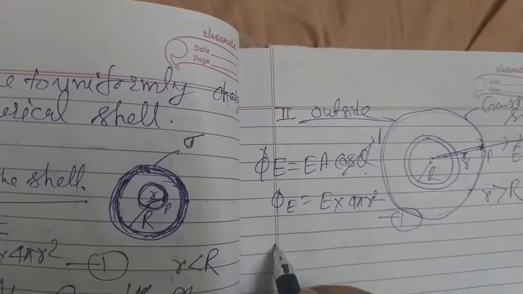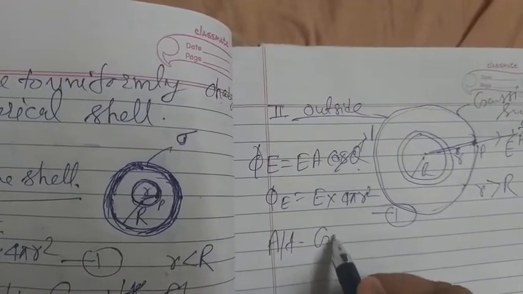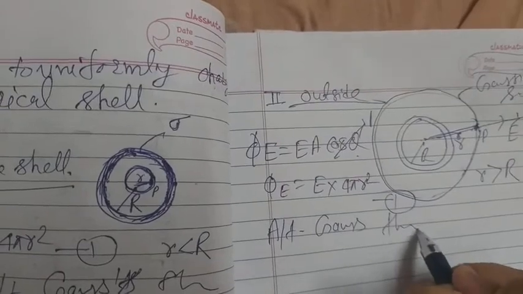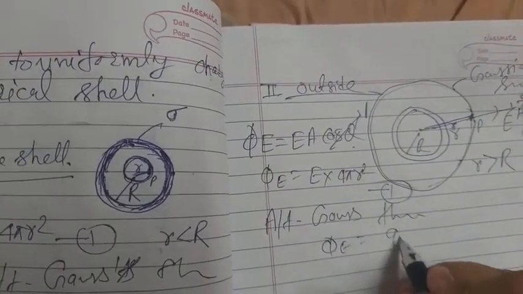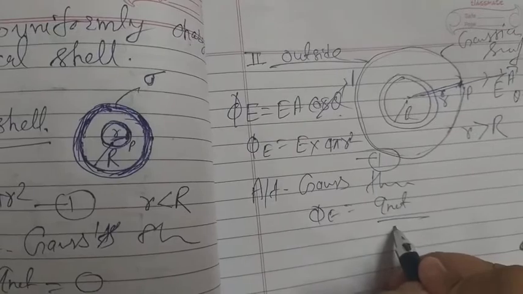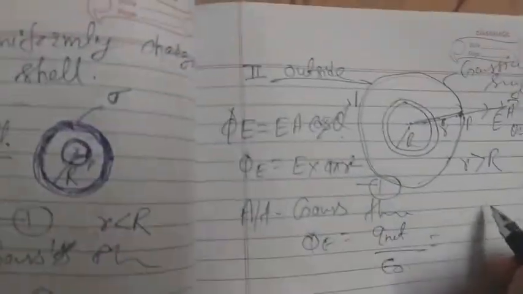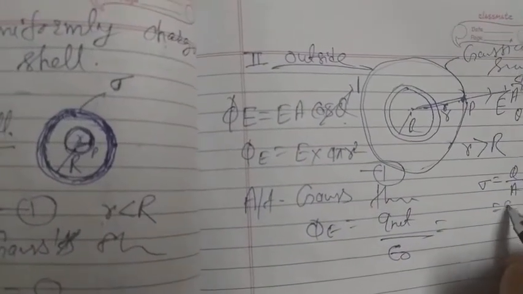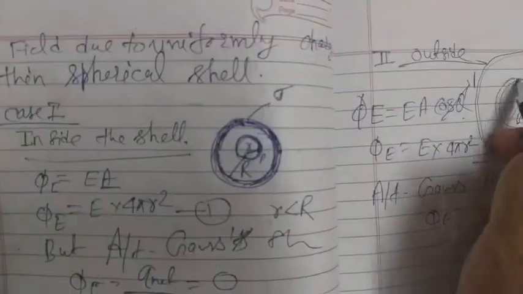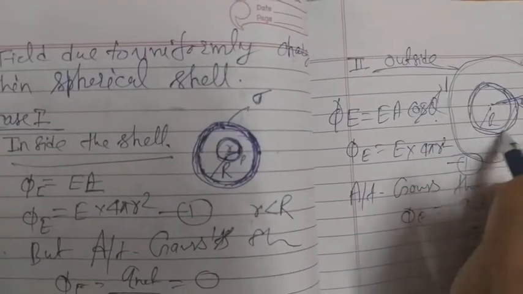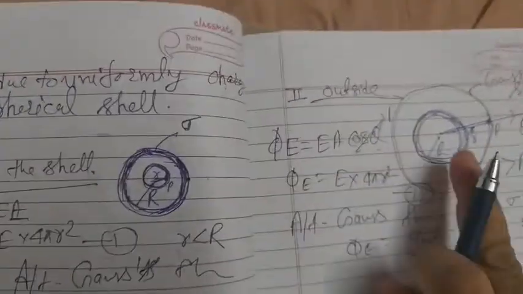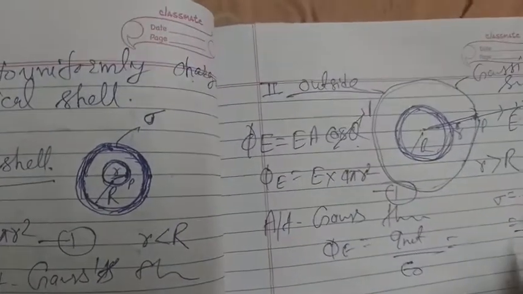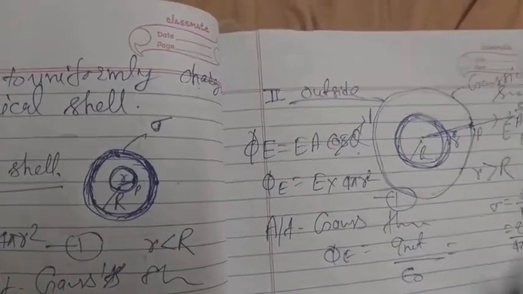Also, according to Gauss theorem, phi is q net upon epsilon naught, and q is not given here. Here sigma is given. As we know that sigma is q upon area. Now this area we will take, because charge is over the spherical cell, so this is 4 pi capital R square here.